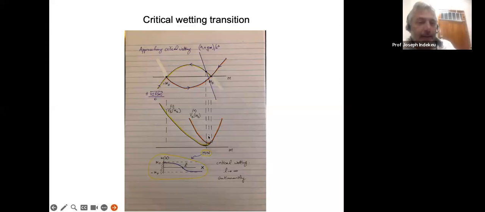And this phenomenon, if I let this happen, or if I change temperature and let M0 come in until it hits the line there, I will push L out to infinity continuously, and this is called a continuous or critical wetting transition instead of a first order wetting transition.